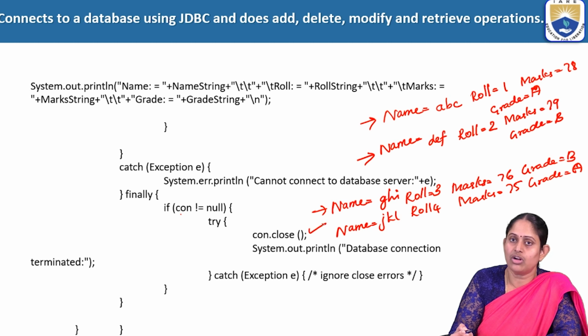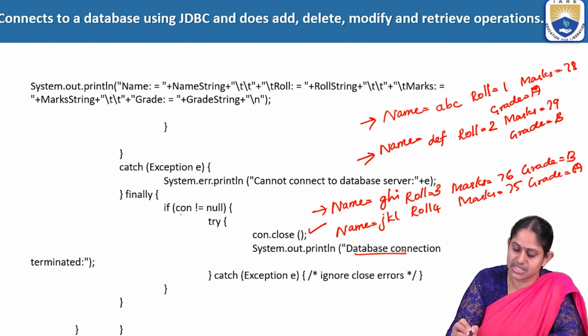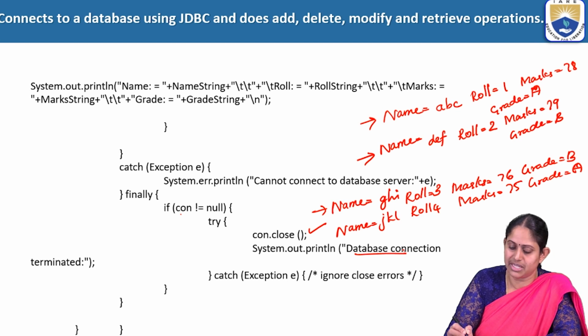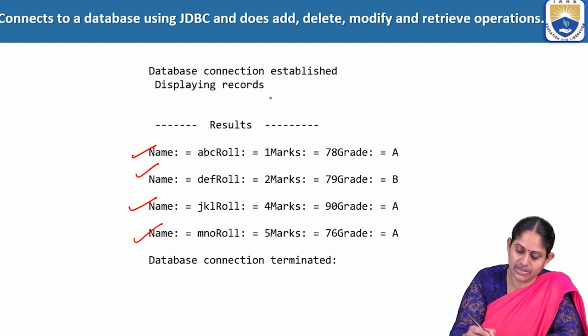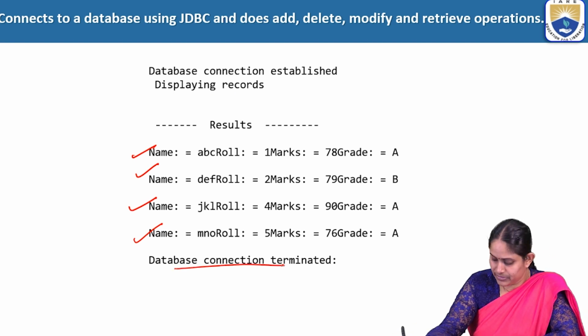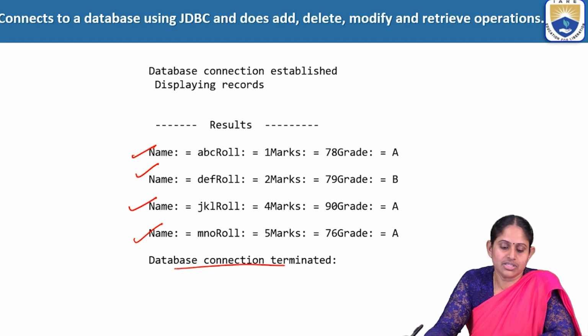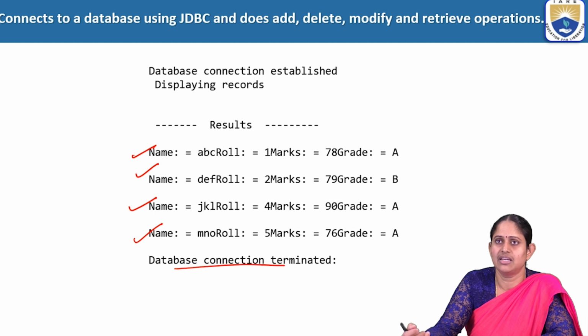So we call the close method on the connection object, and after it is closed, the database connection terminated message will be displayed. So that is why we get this statement in the output. So this is how we create a table in the database as well as insert and retrieve the values of the table in the database.